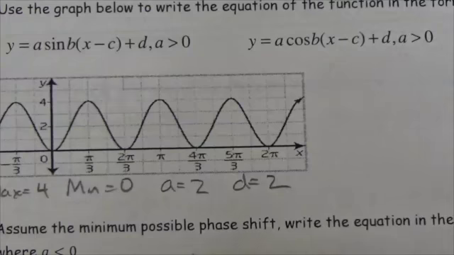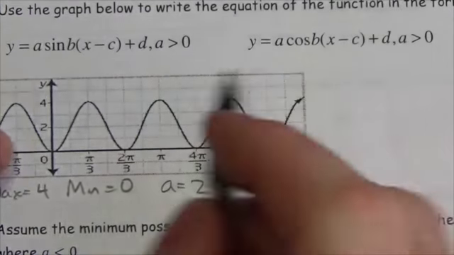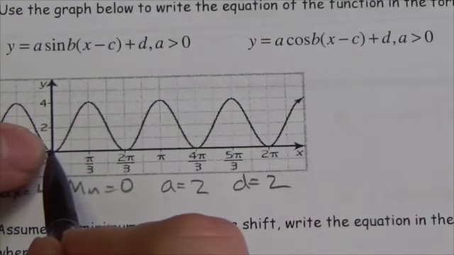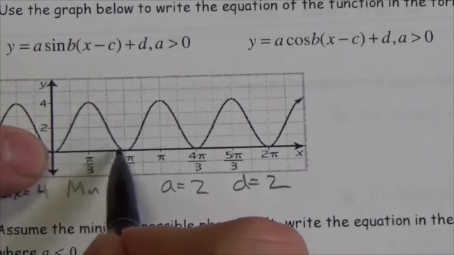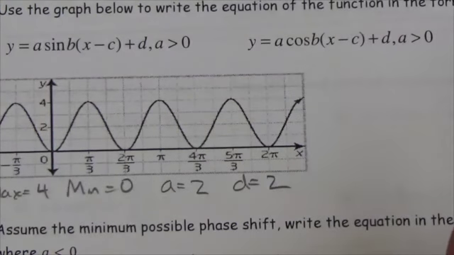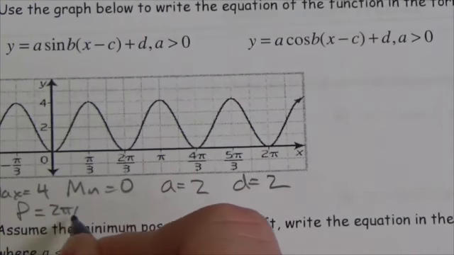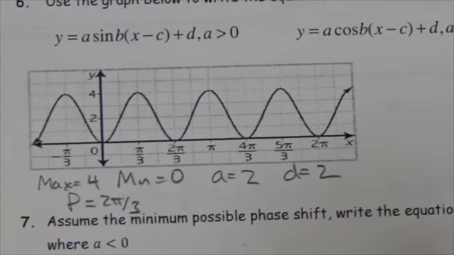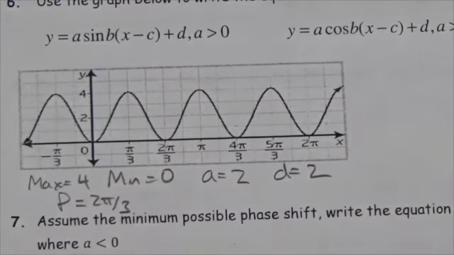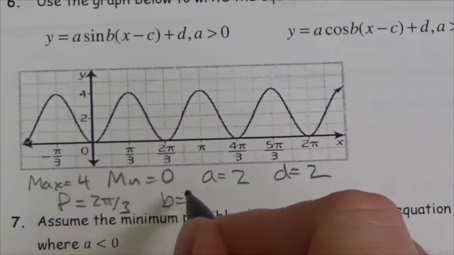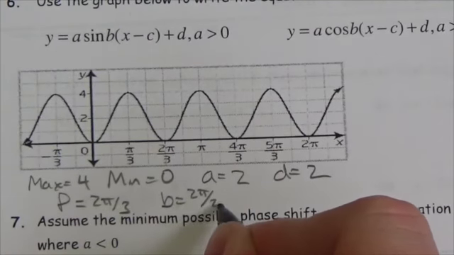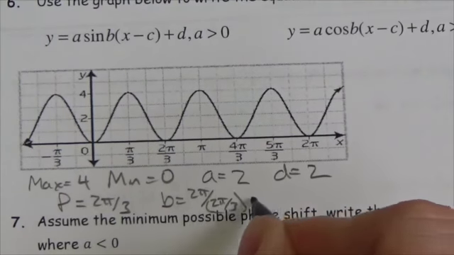Great. Now, the period here, I'm going to count from bottom to bottom, and notice right away I can see it's 2 pi over 3. That was easy to see because it lined up really nicely with our grid there. So now b is going to be 2 pi over the period, which was 2 pi over 3.